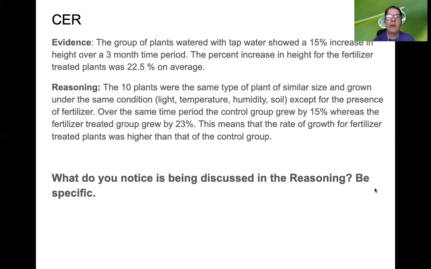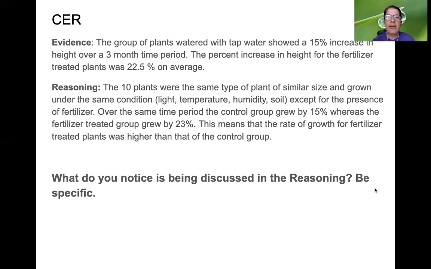Evidence. The group of plants watered with tap water showed 15% increase in height over 3-month time period. The percent increase in height for the fertilizer treated plants was 22.5% on average. So here we're describing really the data. We're describing the evidence we have collected during the experiment. Here's the reasoning part.